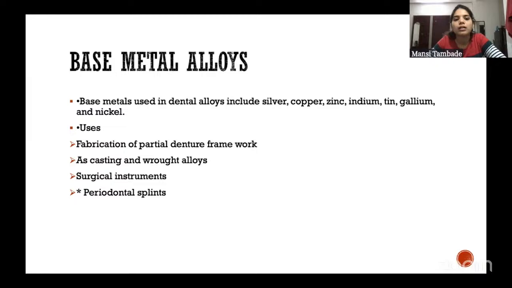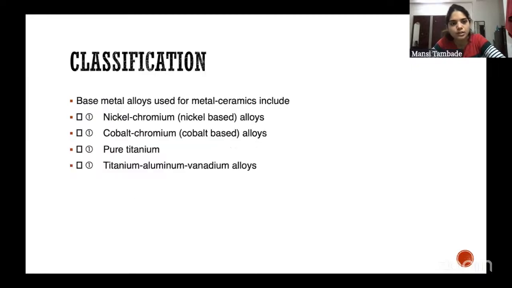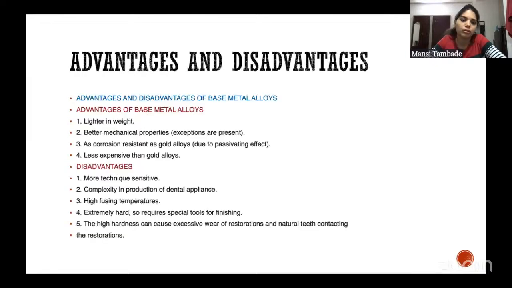nickel. It is basically used in fabrication of the partial denture framework as casting and wrought alloys, surgical instruments, and periodontal splints. The base metal alloys for metal ceramics include nickel chromium, that is nickel based alloys, cobalt chromium, pure titanium, titanium aluminum, vanadium alloys. Advantages and disadvantages.